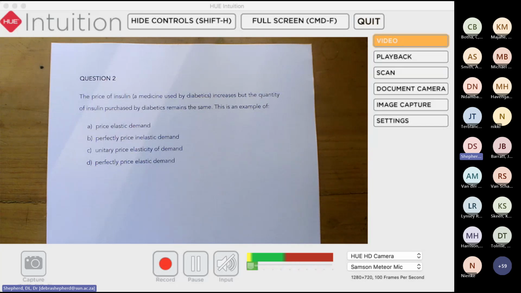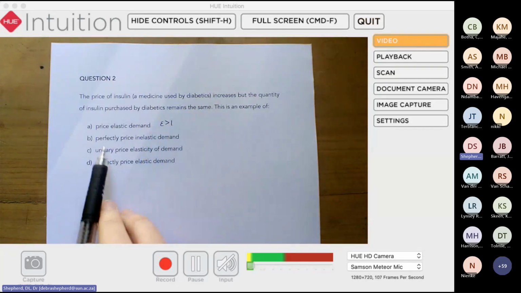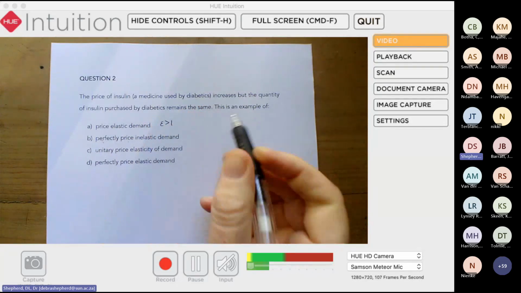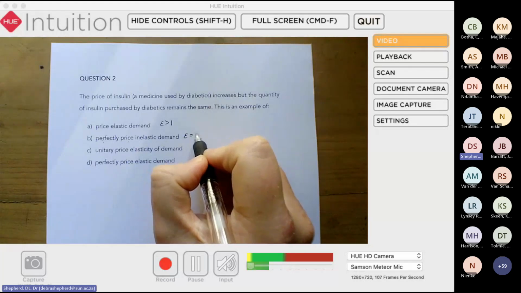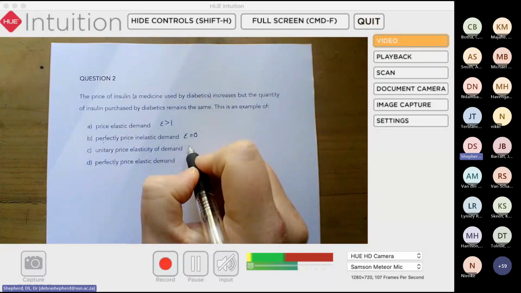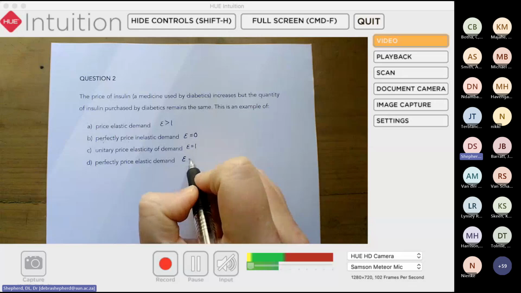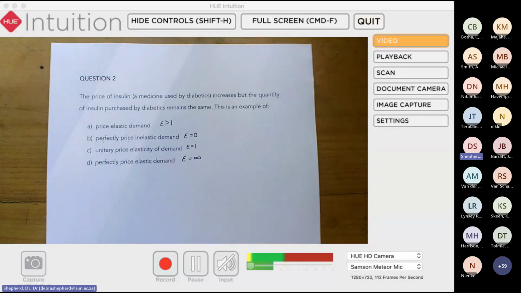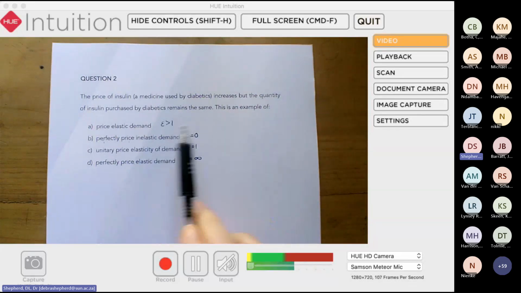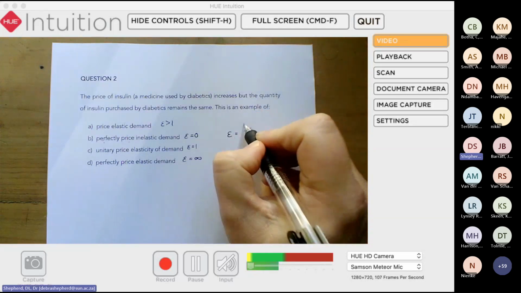This is an example of price elastic demand, which would mean elasticity is greater than 1, perfectly price inelastic demand, which means it is exactly 0, unitary price elasticity of demand, which means it's 1, or perfectly price elastic demand, which means it is some really large number.